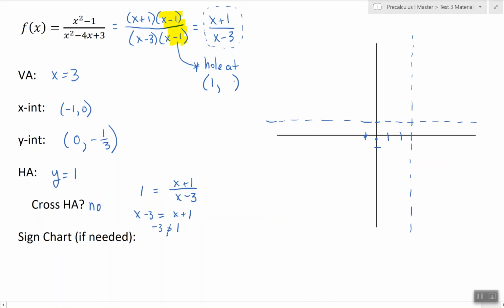But let's go back up to this hole that we have. If I had a 1 in the x part here, I would have 1 plus 1 over 1 minus 3, which is 2 over -2, which is -1. Means I have a hole at 1, -1.